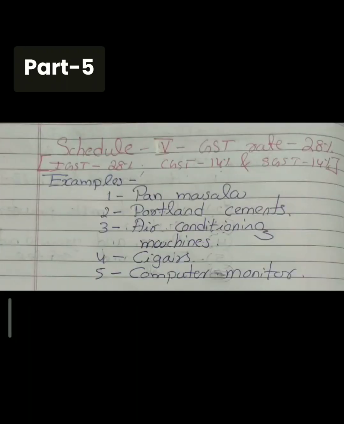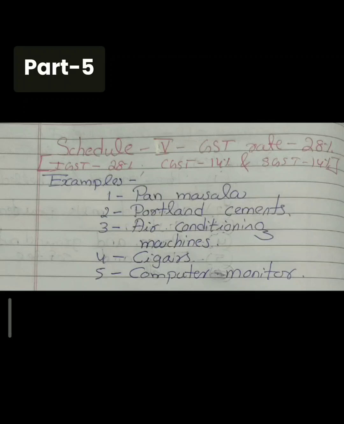Schedule number 5. Some goods' GST rate is 28%. If the GST nature is IGST, then the total 28% goes to the center. Otherwise 14% goes to the central government and 14% to the state, allocated according to the principles of GST.